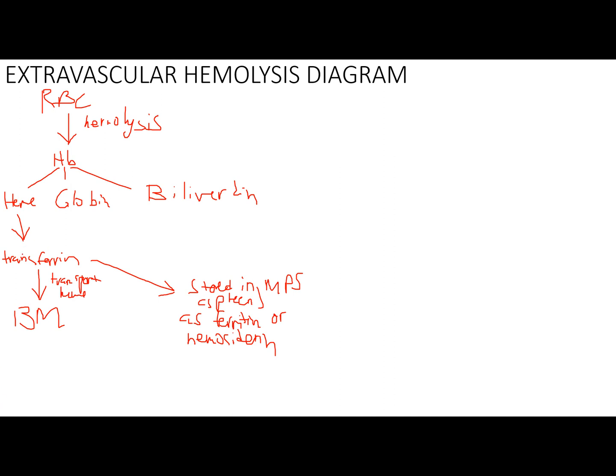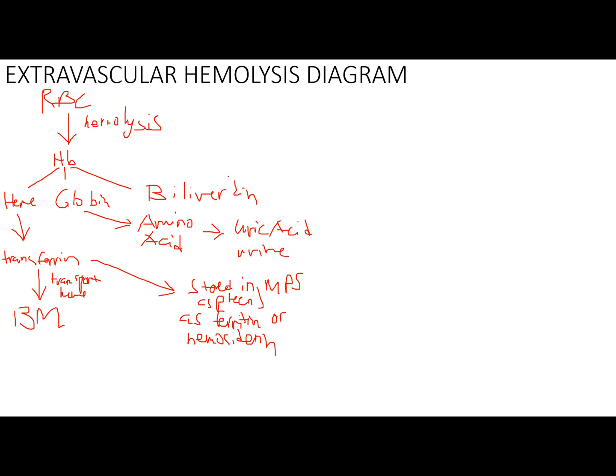Heme would be attached to transferrin, and transferrin would transport heme to the bone marrow, or it would be stored in the mononuclear phagocyte system sa spleen class as ferritin or hemosiderin. Si globin nyo naman class would be excreted or would be processed to become an amino acid. And from an amino acid, it would be excreted as uric acid class sa inyong urine.